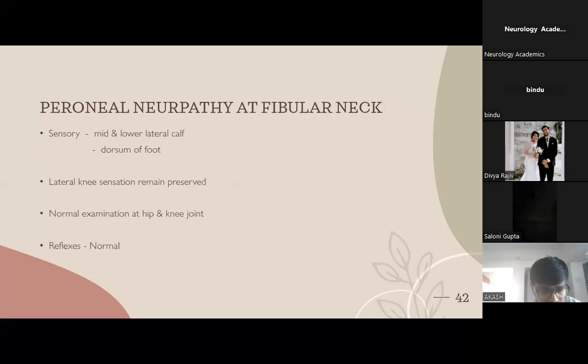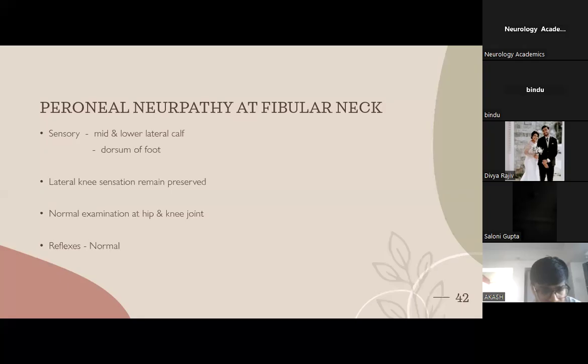Sensory, the patient will have loss over the mid and lower lateral calf. There will be sensory loss over the dorsum of the foot. And lateral knee sensation remains preserved because the lateral cutaneous nerve of the knee is given off before the level of bifurcation into superficial peroneal and deep peroneal, that is from the common peroneal nerve. And there will be a normal examination at the level of the hip joint and knee joint.